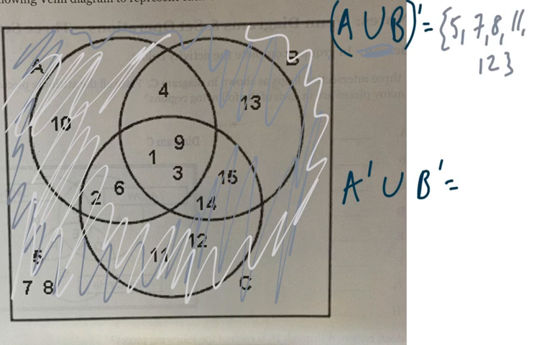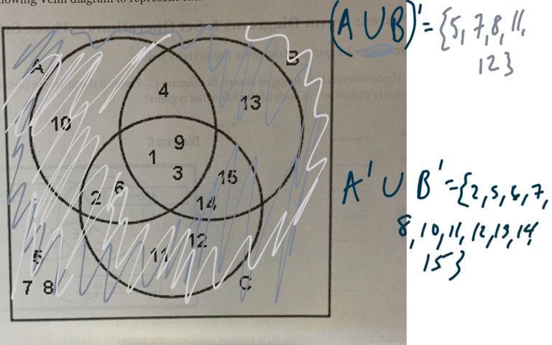So anything shaded with the light gray or the dark gray would be included. The only things that aren't included are pretty much 1, 3, 4, and 9. I want to make sure I get that. Okay, so let's write that out. Again, that's all the number values 1 through 15 without 1, 3, 4, or 9.